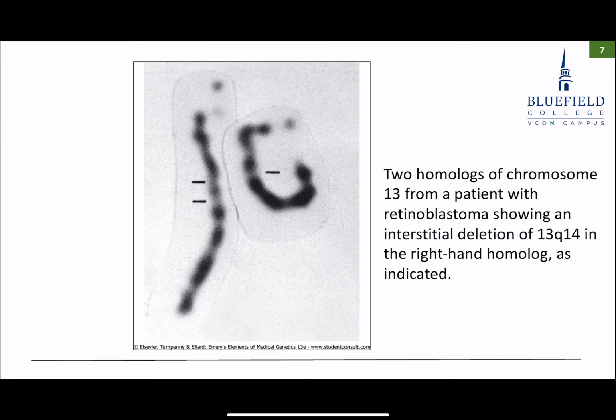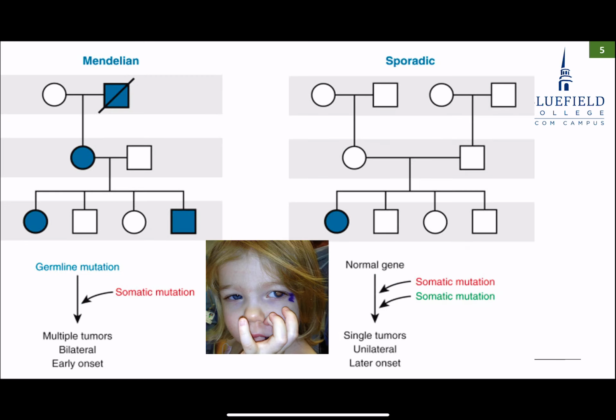Now, that's retinoblastoma, but it applies to other tumor suppressor genes, and I'll show you more syndromes in just a second. There are more syndromes like that.